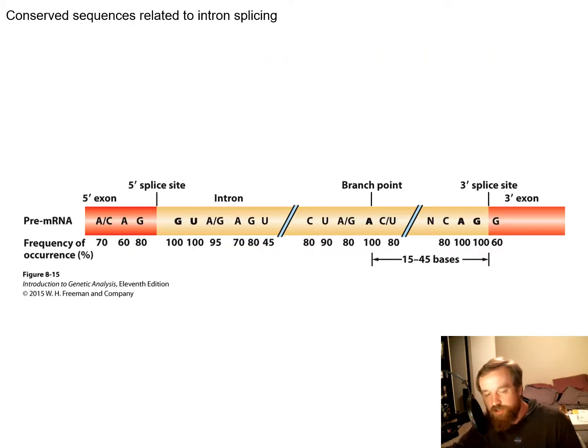So when we talk about alternative splicing in the spliceosome, there has to be some sort of way that the spliceosome knows the boundaries of introns and exons. And that is through these conserved sequences that are in the gene and are transcribed into the mRNA. Specifically, a lot of these splice sites are indicated by this AGGU pattern.